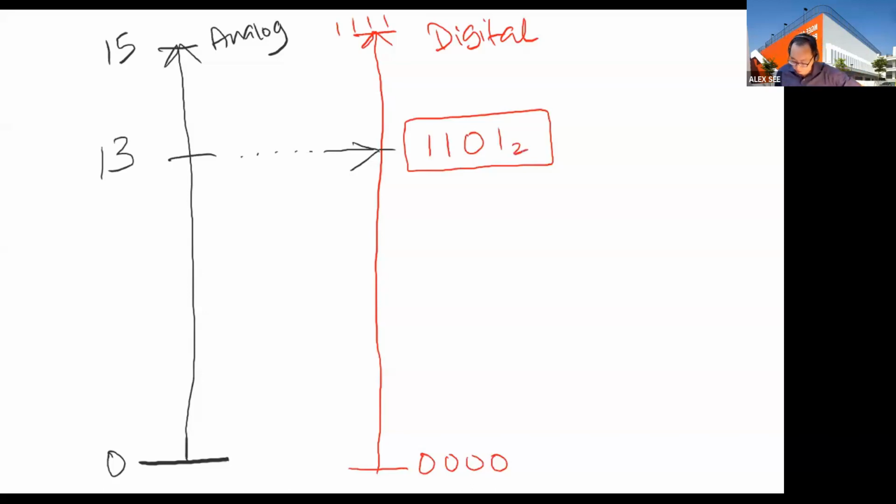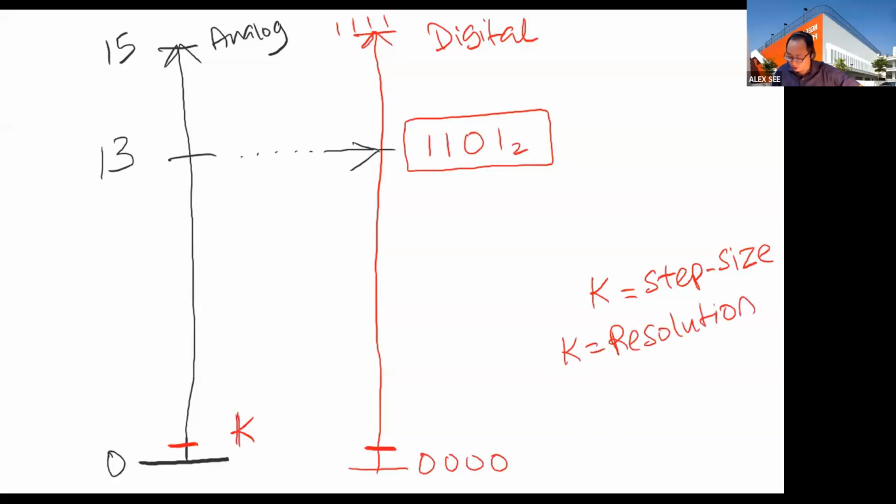First of all, there's this thing called the step size, K. If you look at my notes, K is called the step size. Sometimes we interchangeably use the word resolution. It's the same meaning. Step size equals resolution.